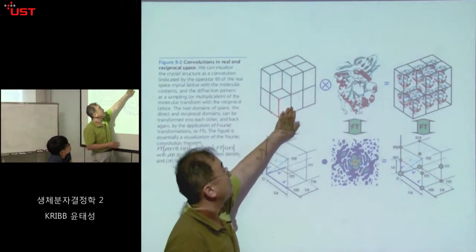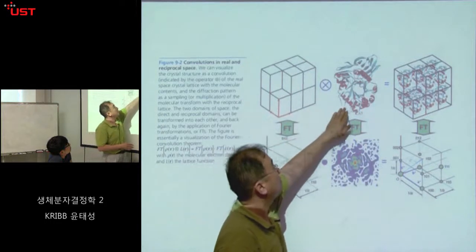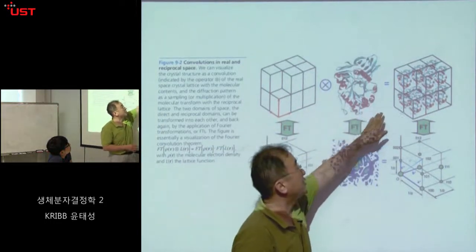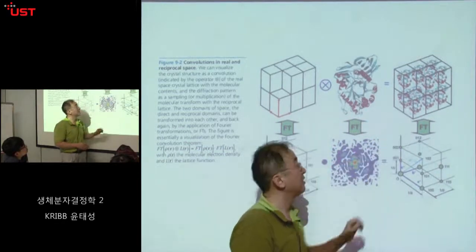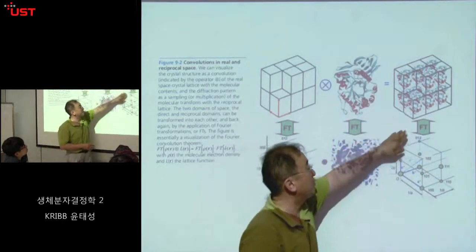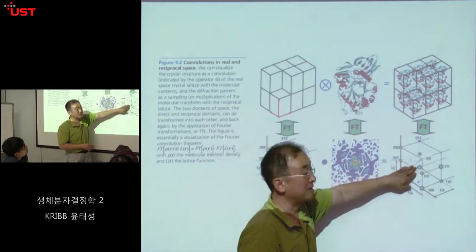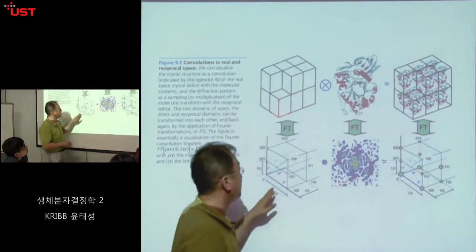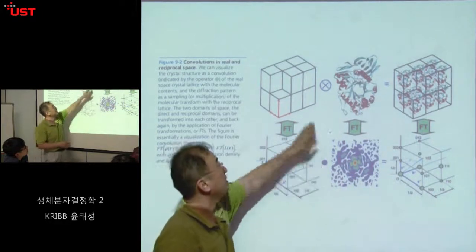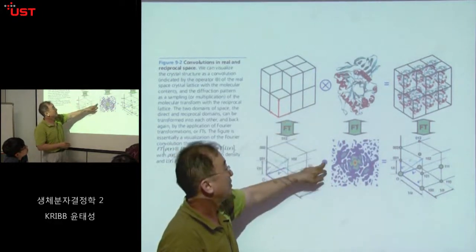Convolution of the real lattice and the protein structure is equal to the protein crystal. Then the Fourier transform of the protein crystal, by definition, is the structure vector. The structure vector is equal to a multiplication. It's not a normal convolution.